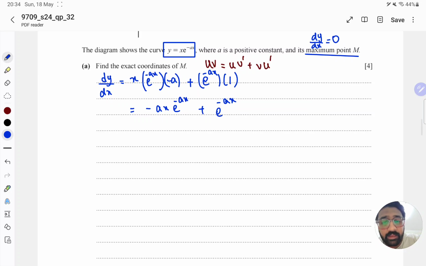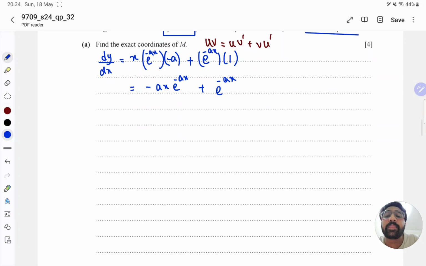Now if you look over here, e raised to the power of minus ax is common, so let me take it out as common, and inside I will have minus ax plus 1. And since it's the stationary point, it is the maximum point, so I'll put the derivative equal to 0.